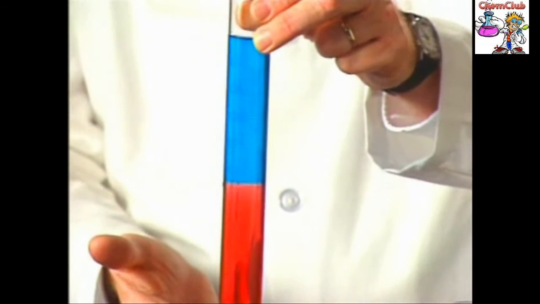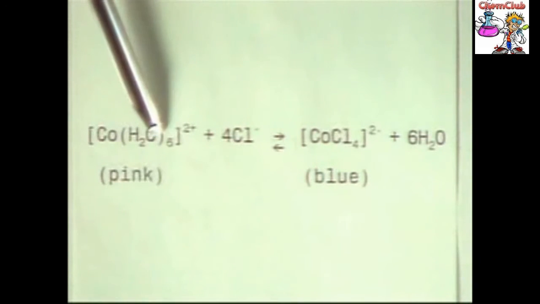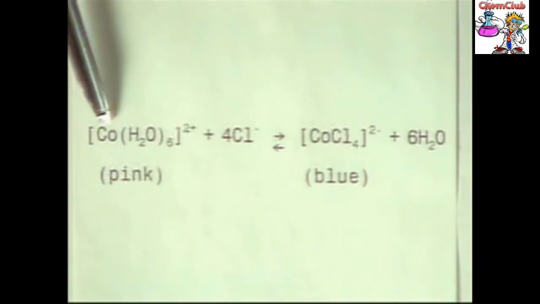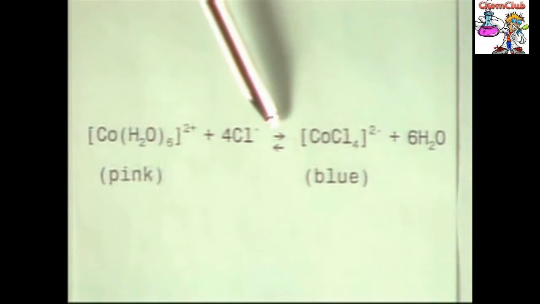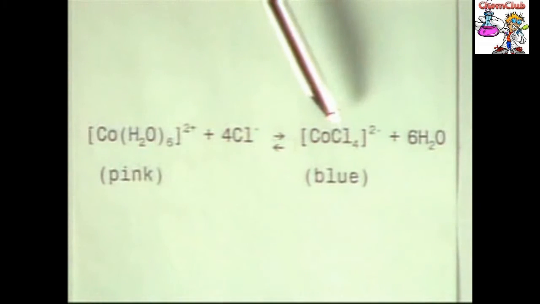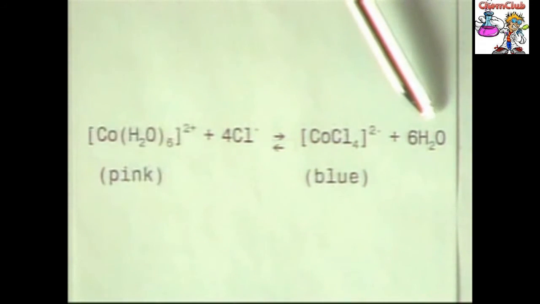The reaction seen is an equilibrium reaction. The hexahydrate cobalt-2 ion reacts with 4 moles of chloride ion in an equilibrium reaction to 1 mole of the tetrachlorocobaltate ion and 6 water molecules, or 6 moles of water.